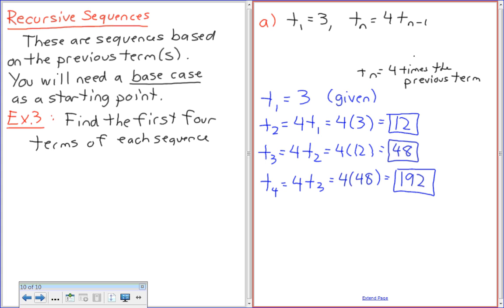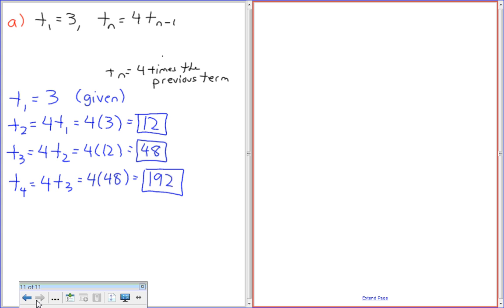Let's pick one slightly more complicated, because that one you could do without that. Here, I want you guys to try this one for me right now, if you would be so brave. B. T1 equals -2.